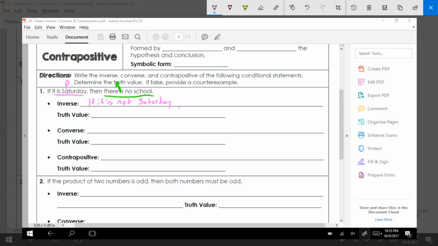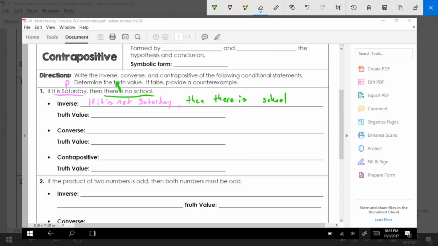Okay, and then originally we had then there is no school. So if we take the negation of there is no school, then that would be then there is school. See, originally we had the no right here, but we crossed that out. So now there is school because we're taking the negation.